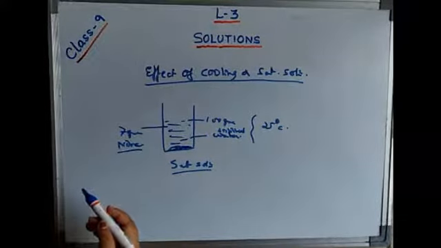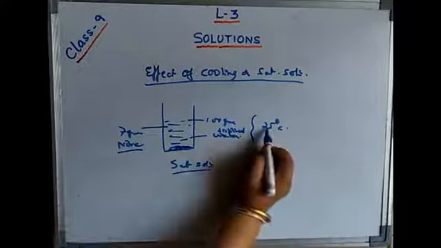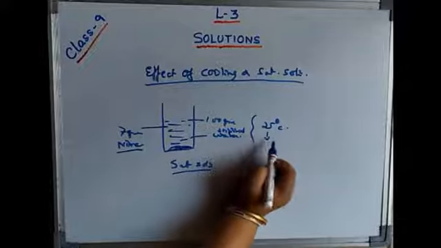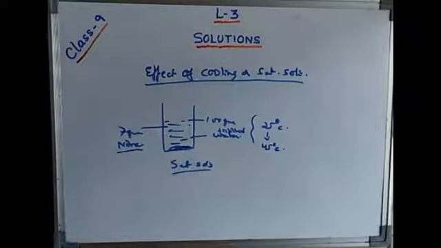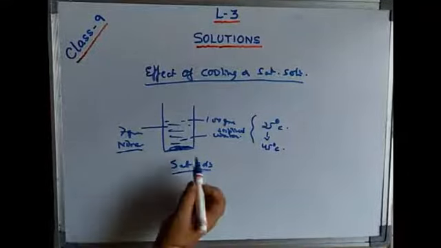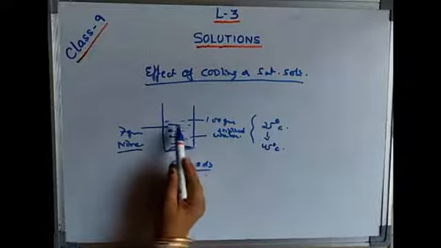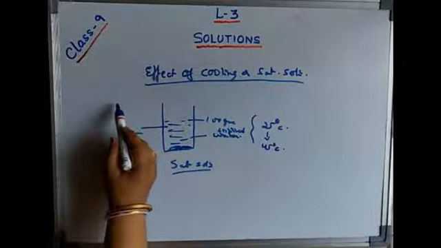The opposite will take place when we increase the temperature. Suppose from 25 I am increasing to 45 degrees centigrade. When a saturated solution is heated to a high temperature, it becomes unsaturated. That means it will now be able to take more of the solute.